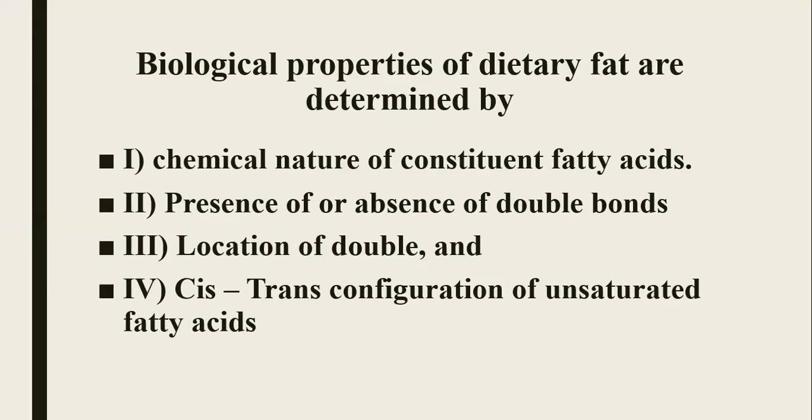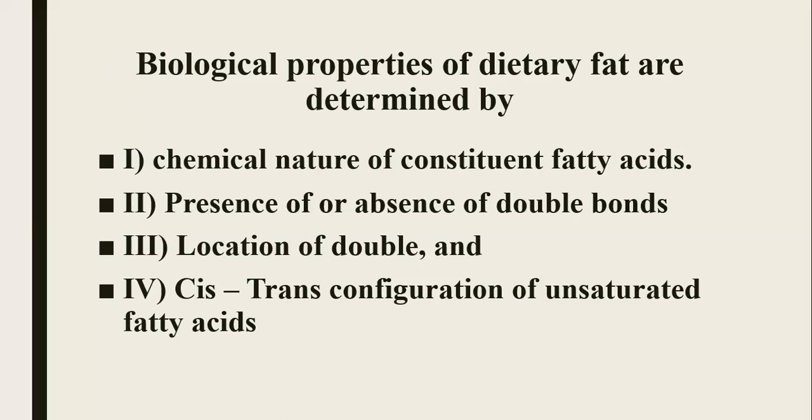As we told you, plant fats contain more unsaturated and polyunsaturated fatty acid, and the fats available to us from animal sources contain more saturated fatty acid. So the chemical nature of the fat depends upon the constituent fatty acid, that is, whether it contains saturated, monounsaturated, or polyunsaturated fatty acid of the omega 6 or omega 3 class.